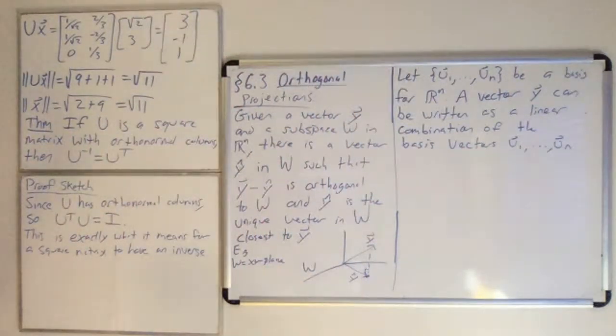Okay, so nothing new here so far. We have a vector in Rn, and we're saying we could write it as a linear combination of the basis vectors.